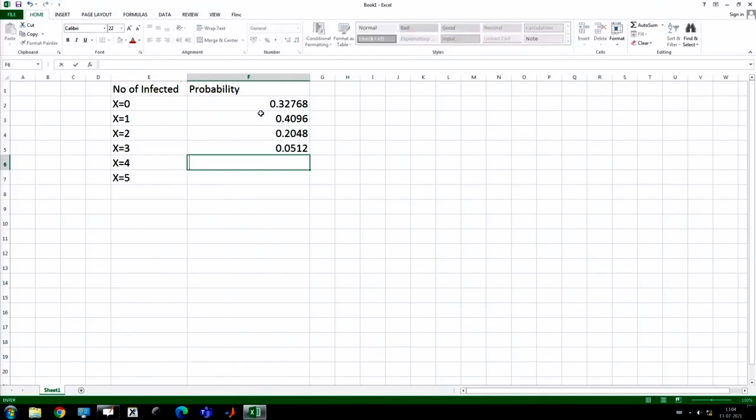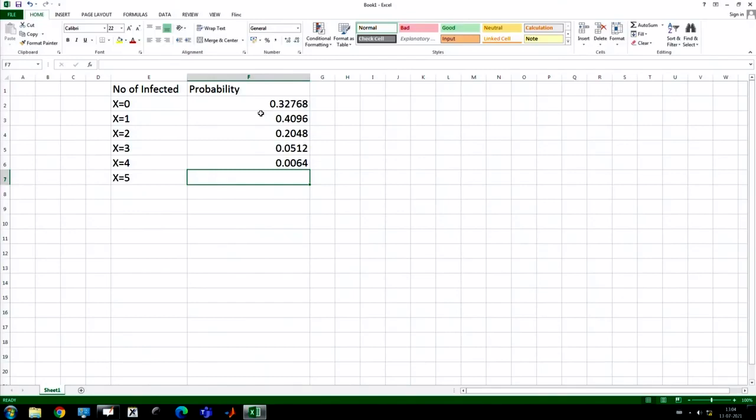So 5C4 is equal to 5, into 0.2 power 4 into 0.8 power 1. That is going to give you a value of 0.006.